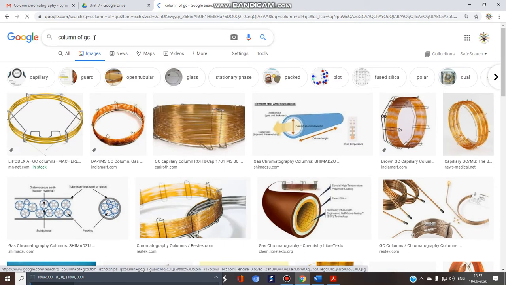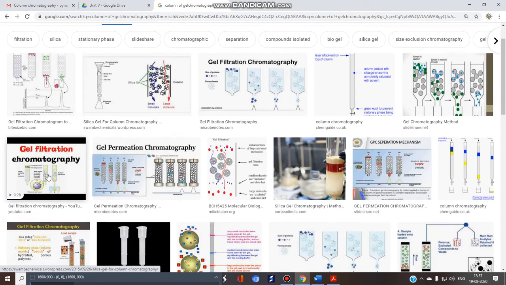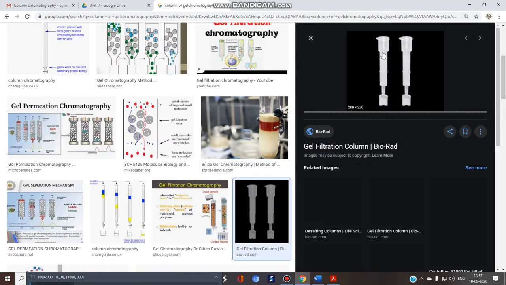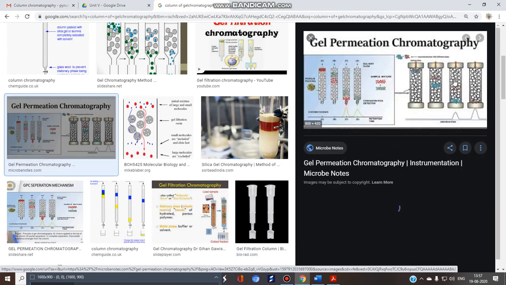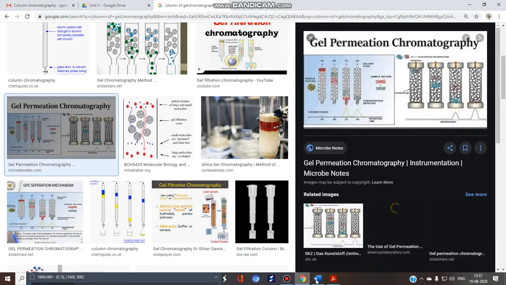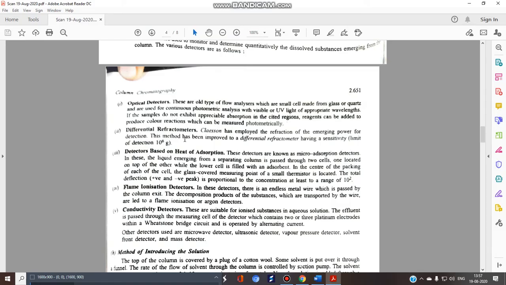Again, let's say I am writing the column of gel chromatography. Let's see what the Google Images results are. Look at this again, these are the various columns of gel chromatography. So what I want to say is that a number of columns are used, and different detection methods have been developed at a later stage.